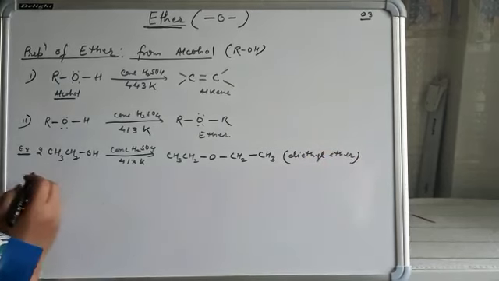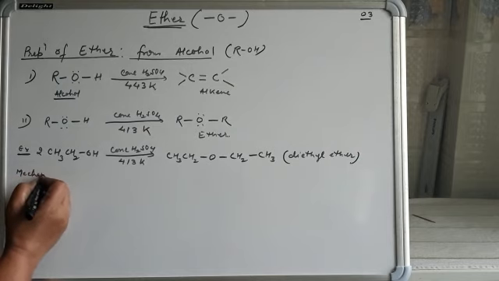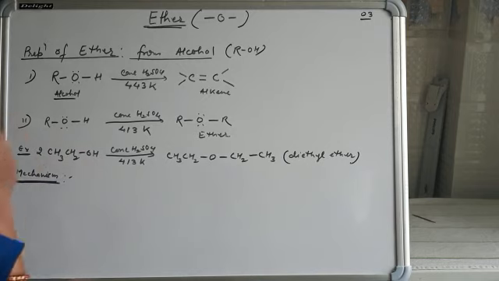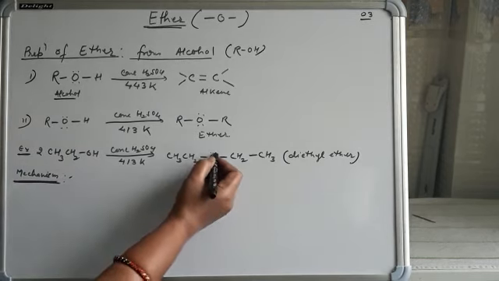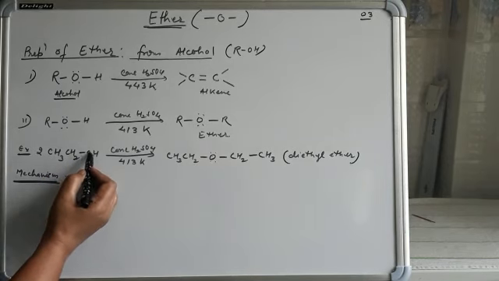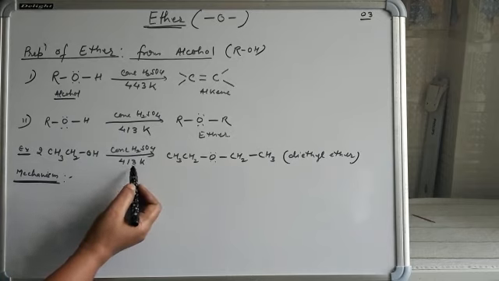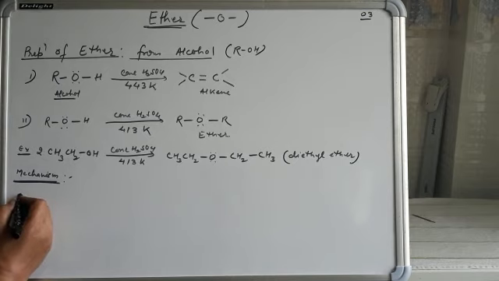What are the mechanisms involved here? Try to understand the mechanism to learn the reaction properly. How does the formation of ether take place when two units of alcohol are treated with conc H2SO4 at low temperature? At first, step 1.